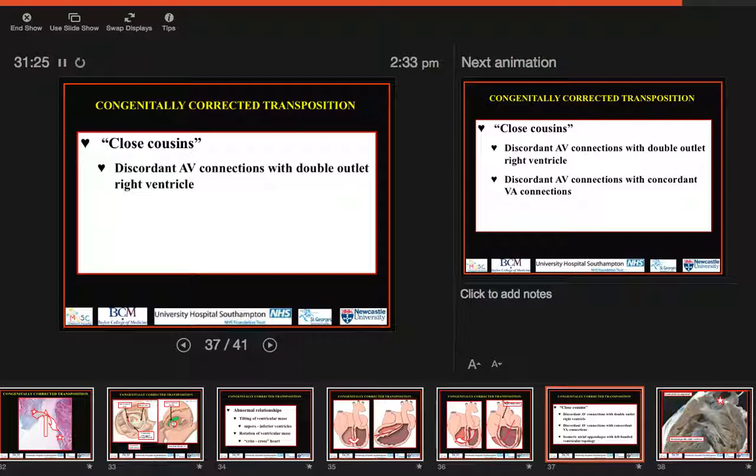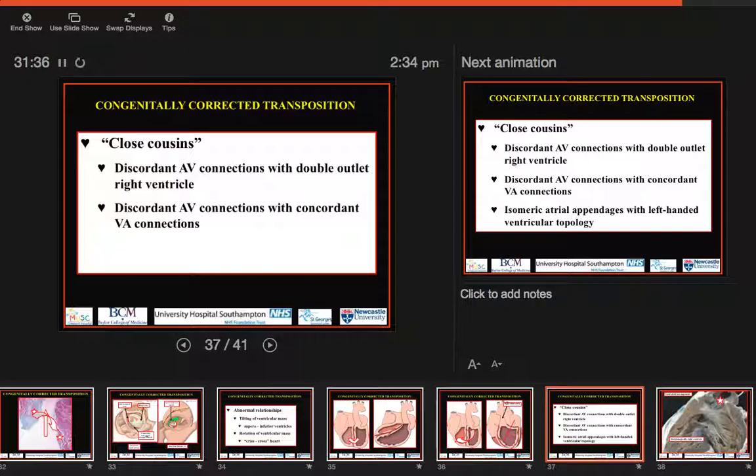We should then not forget that there are close cousins that are not strictly congenitally corrected transposition. Double outlet right ventricle can exist with discordant atrioventricular connections. Rarely you can find discordant AV connections combined with concordant ventriculo-arterial connections.